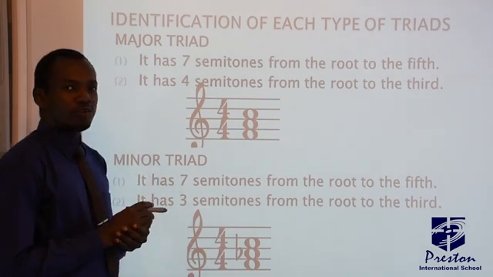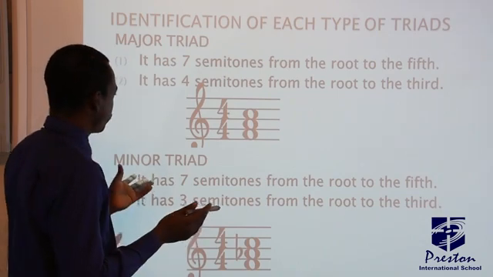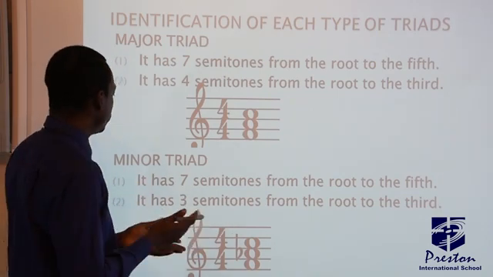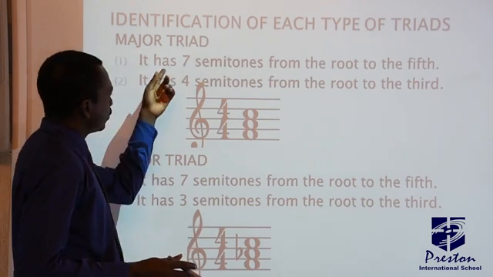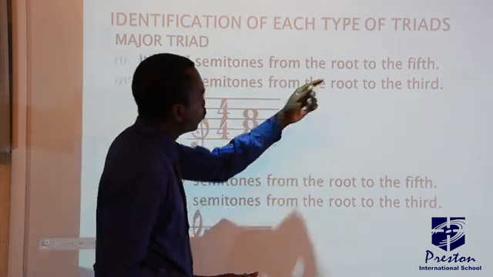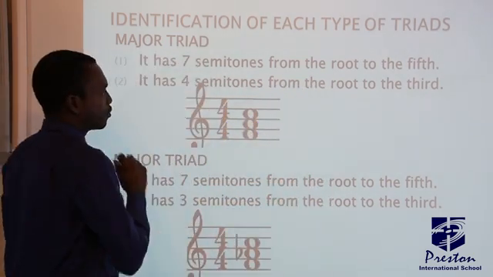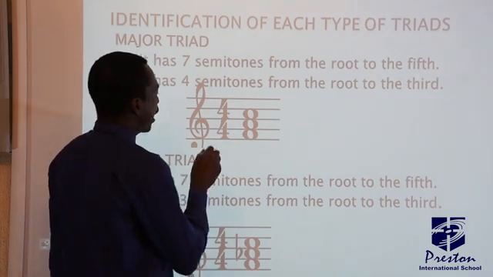Major triad. How do I identify major triad in any given musical piece? Look at this. It has 7 semitones from the root to the fifth, and it has 4 semitones from the root to the third. Where is the root and where is the third?